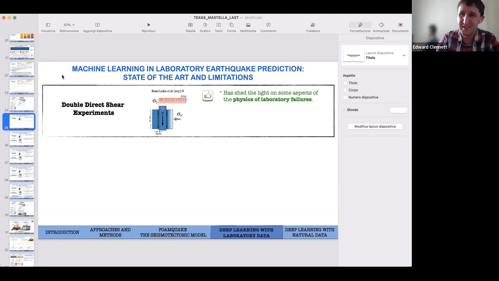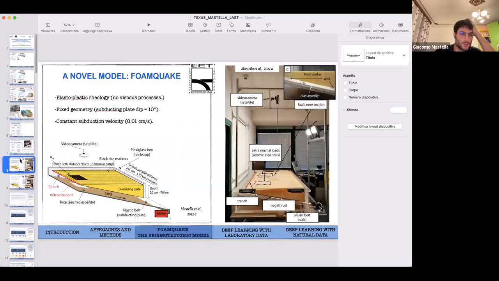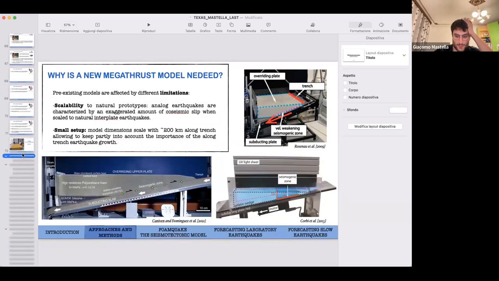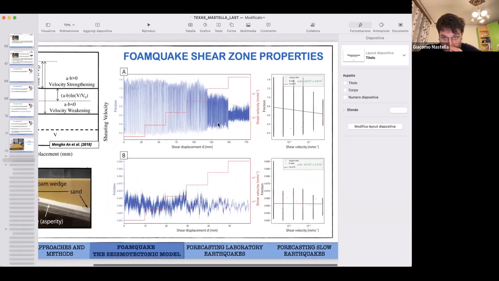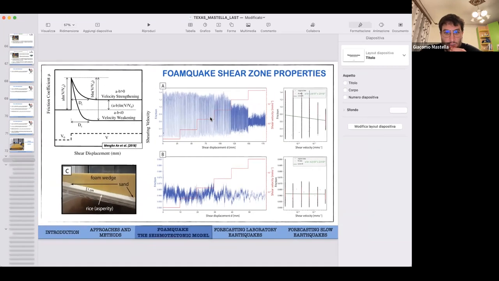Yeah. Okay, this is due to the properties of the materials that we are using, the frictional properties. There was a slide even for that. Here, for example, these are results from velocity stepping tests, these kinds of experiments where you change the velocity and you measure the variation of the friction.